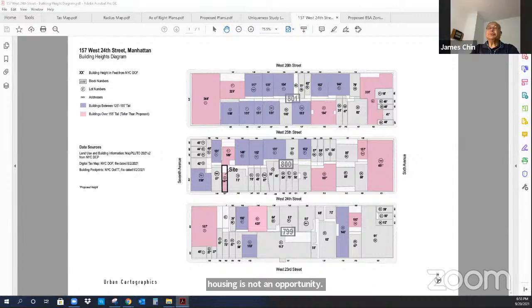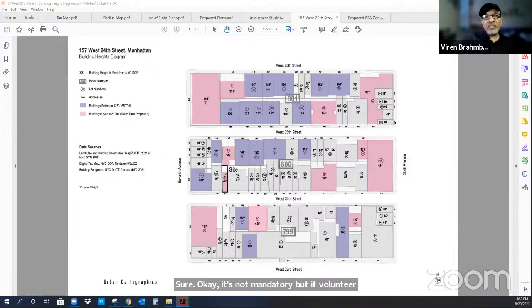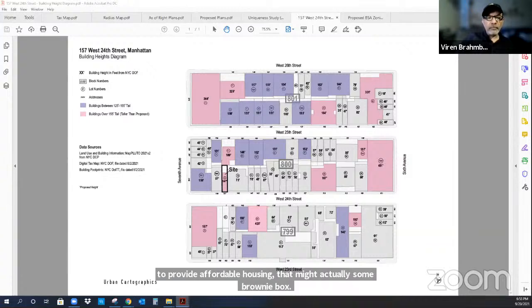That's true. Betty, may I just clarify a little bit? Sure. Okay, it's not mandatory, but if voluntarily they choose to provide affordable housing, that might actually give them some brownie points. Does that make sense?